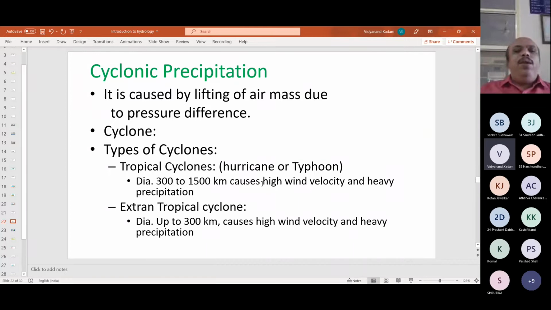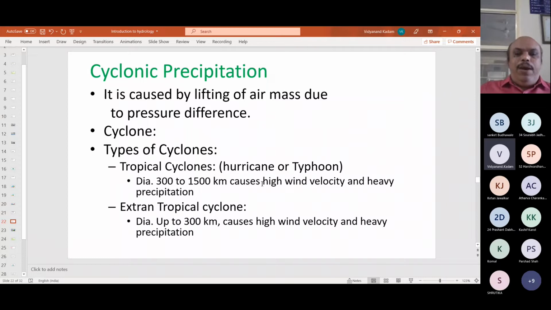The second type of cyclone is recognized as extreme tropical cyclone, whose diameter is up to 300 kilometers, and it results in high wind velocity in the area, and also heavy precipitation.